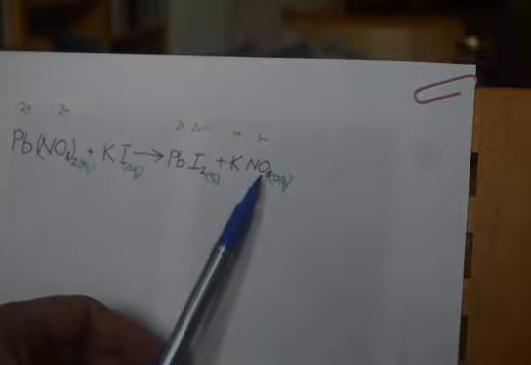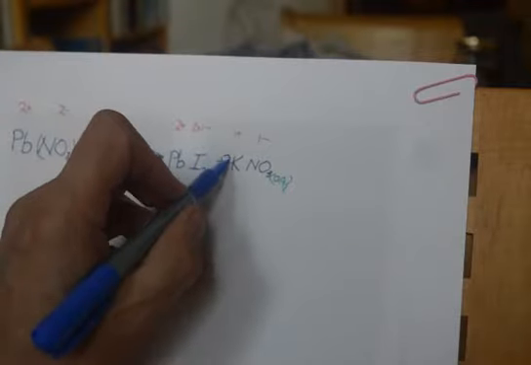Now, to balance it, we notice that we're going to have to do some alterations to the numbers on this side and on this side. So we've got 2 nitrates on this side, but only 1 nitrate there. So the first thing we've got to do to get nitrates to balance is to put a 2 in front of the whole lot.